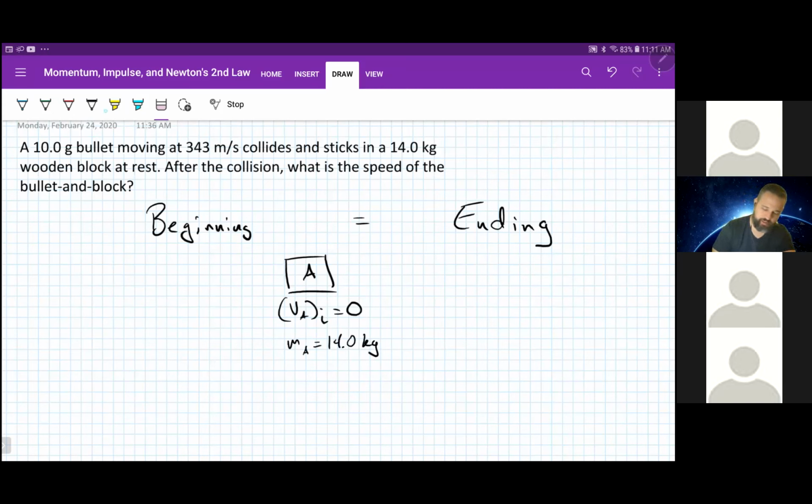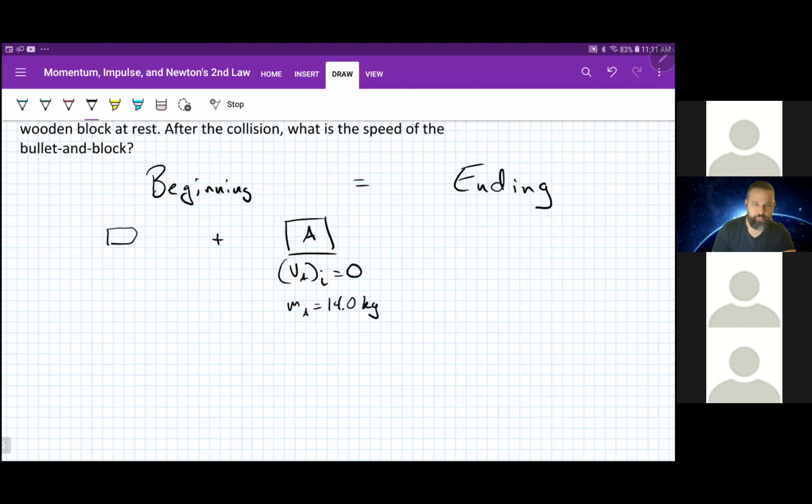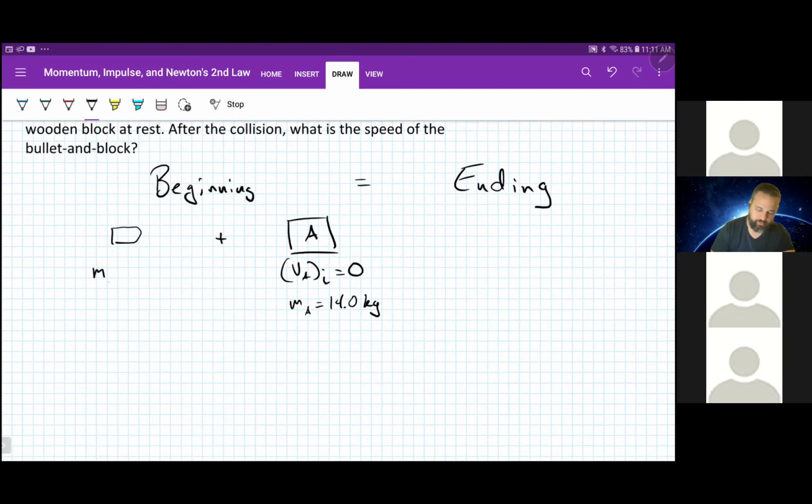The bullet has a mass, which I'm going to call little m b. It has a mass of 10 grams, so that's 0.01 kilograms, and an initial velocity of 343 meters per second. So no conversions there.